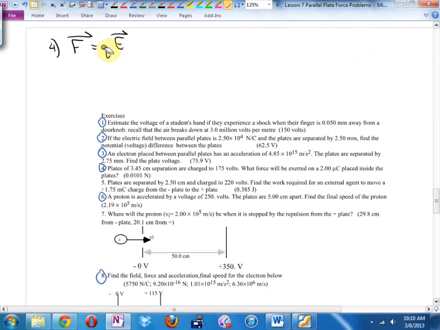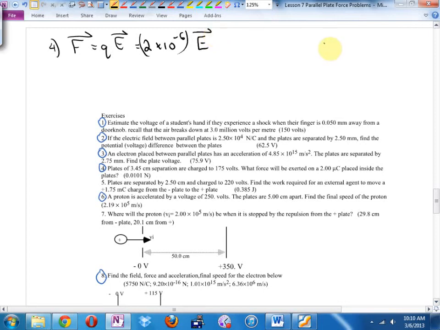Specifically, that little q is the charge that's sitting at that location, which in number 4 is 2 microcoulombs. Times, and remember, that's electric field, not energy. We're running out of letters. Did they tell me the electric field in the question?